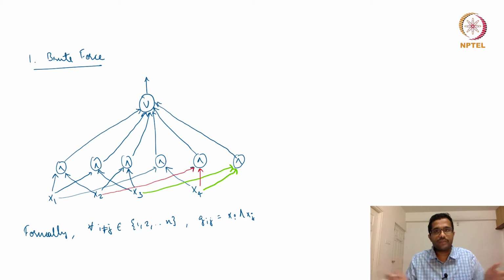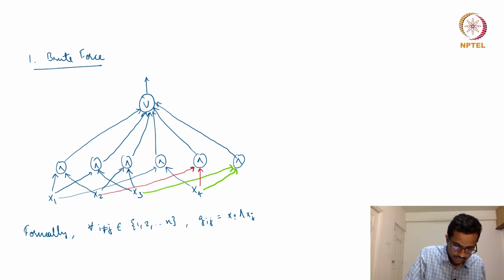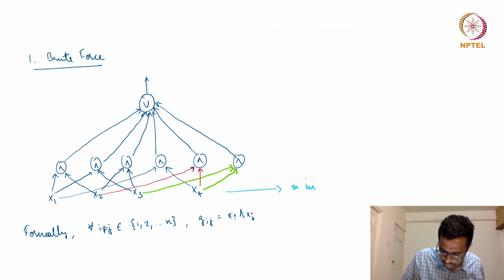Try all possible pairs of input bits. Here I have drawn it for a 4-bit input, x1, x2, x3, x4. So with n input bits, I have n choose 2 AND gates.